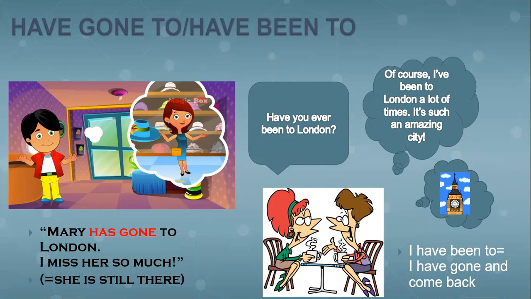So I understand that mom in the early morning or yesterday or a couple of days ago or a short while ago, she went to the market, brought some fruits, and came back. So I can see the fruits in my house. So I know that my mom has been to the supermarket and back.